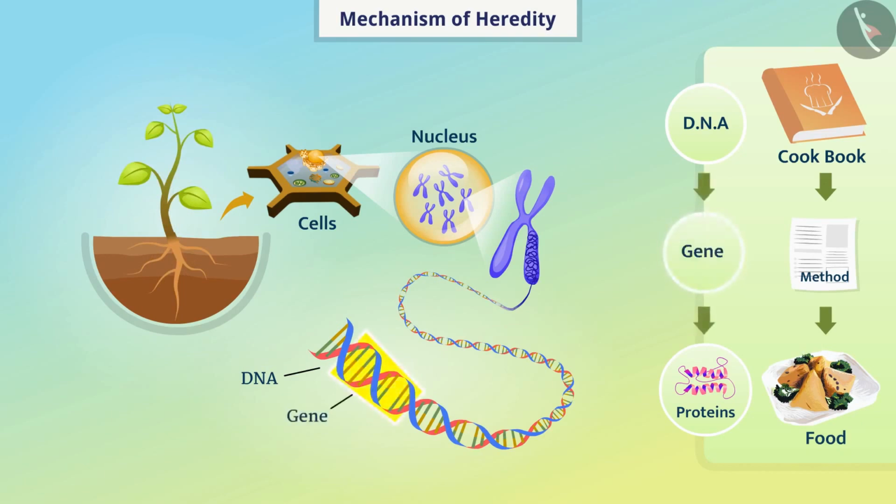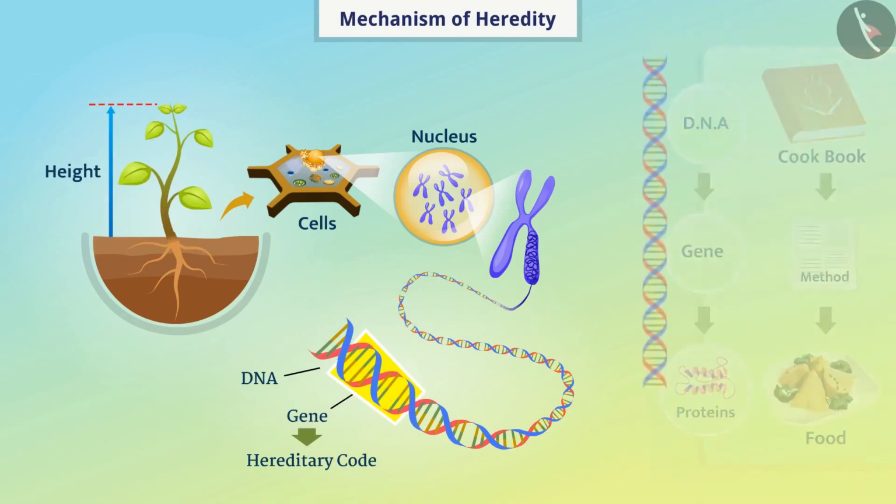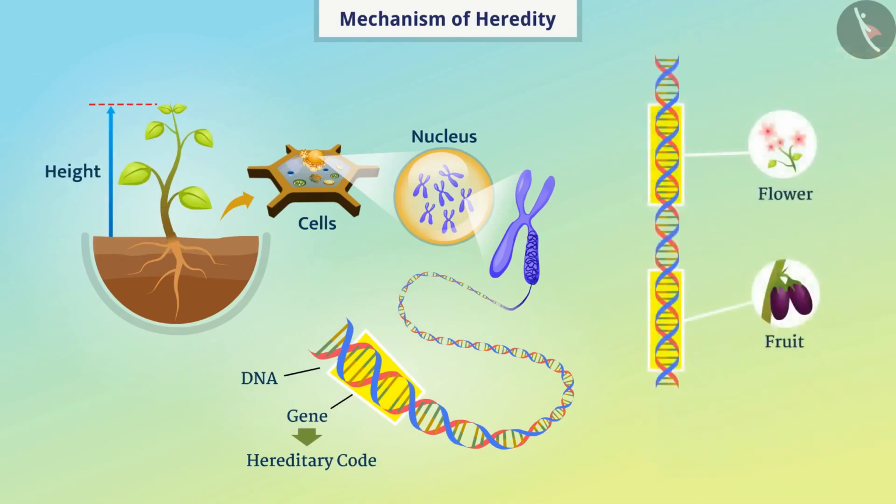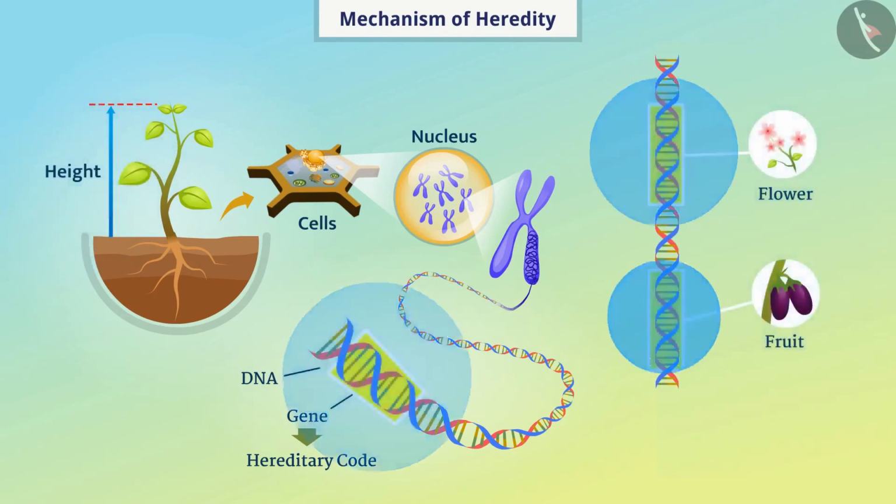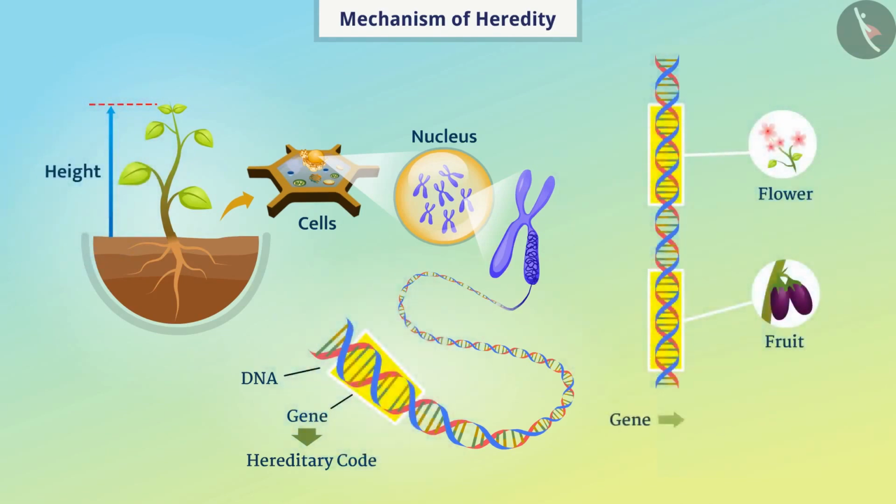The information contained in the gene is called hereditary code. The gene of a protein regulates the synthesis of protein and, in turn, regulates the expression of a character. In this way, the expression of traits is controlled by genes. So, genes are called unit of heredity.